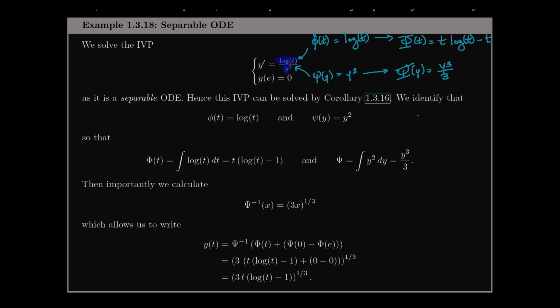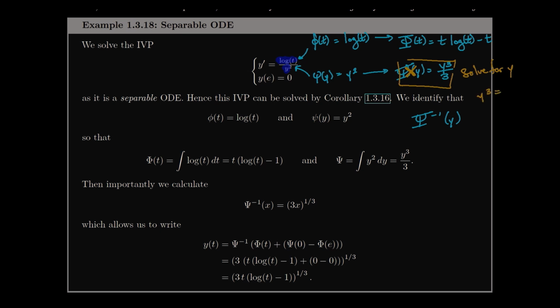Now we have to find psi inverse. Jumping way back probably to algebra 2, how do we find an inverse function? Well, we set one of the sides, right? We're going to set this left-hand side equal to x and solve for y. What do we have to do? We have to multiply by 3.